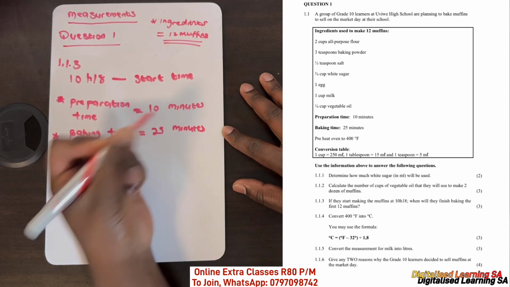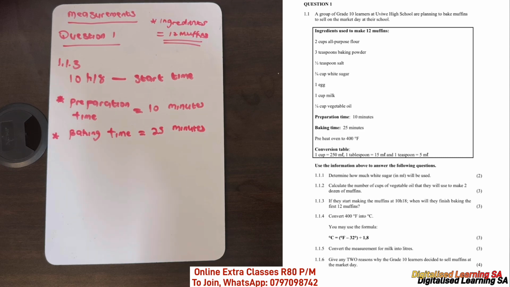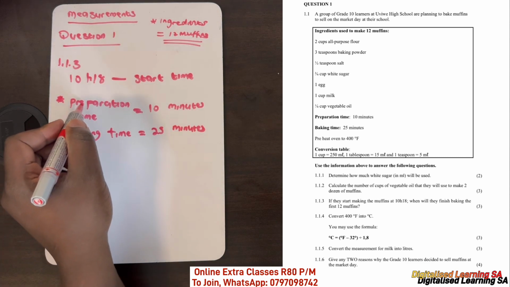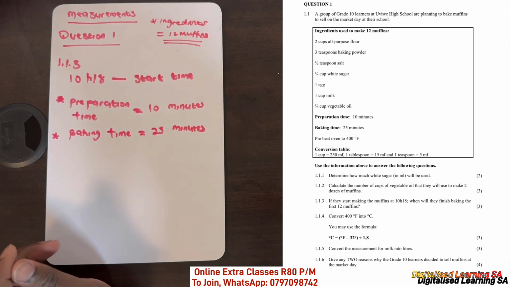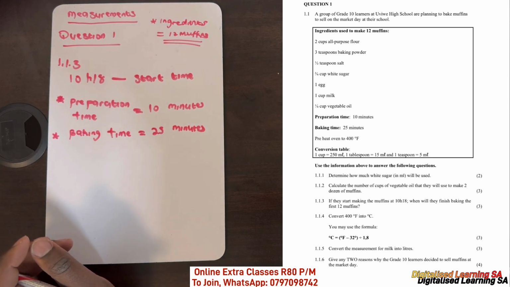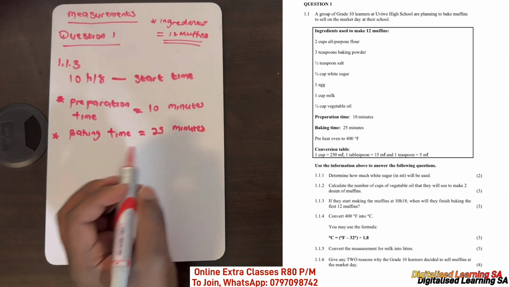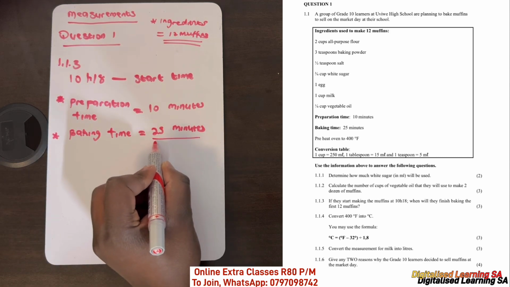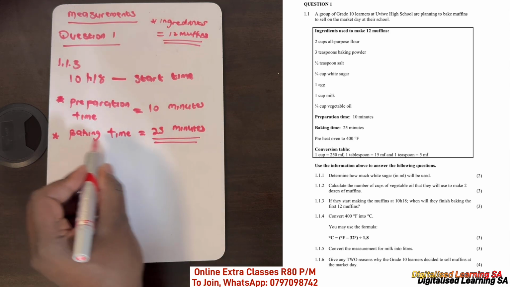So if we go back to our question, it says that if they start making the muffins at 18 past 10, meaning that we need to include both the preparation time and the baking time. But if the question was saying that they started baking the muffins at 18 past 10, we would only take the 25 minutes for the baking time.